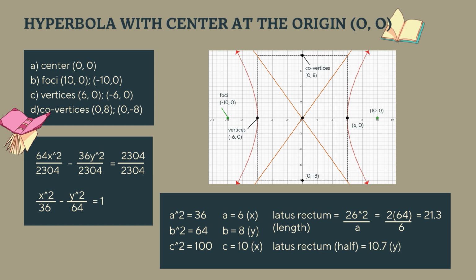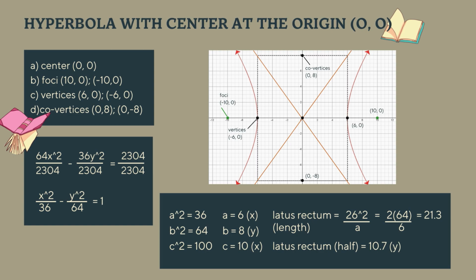This is not the same as with an ellipse, where the bigger value is the a squared. Here in a hyperbola, what comes first is our a squared. So 36 is our a squared, and 64 is going to be our b squared.